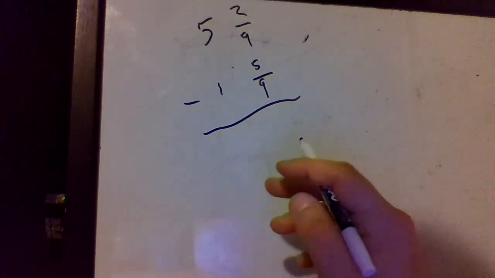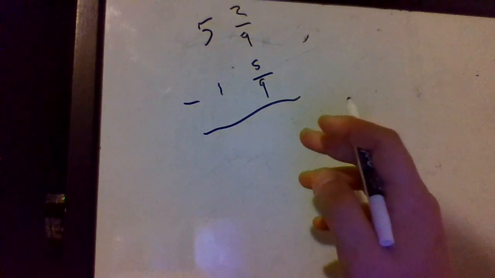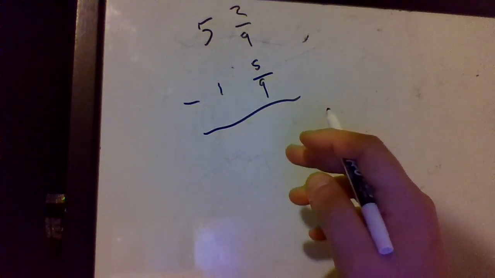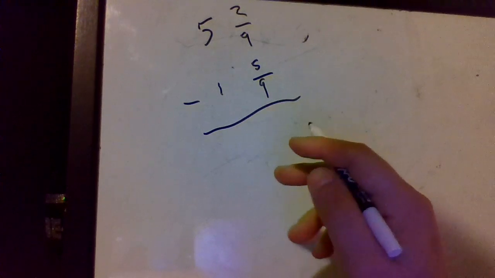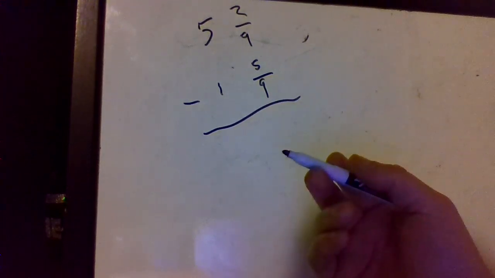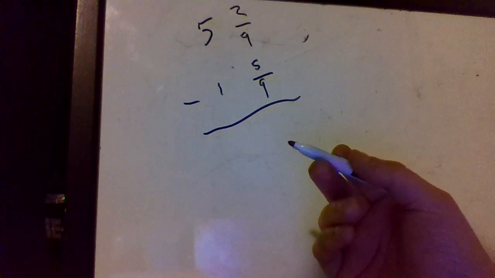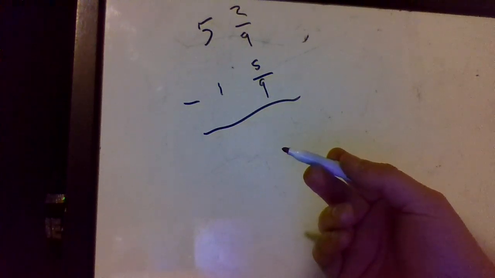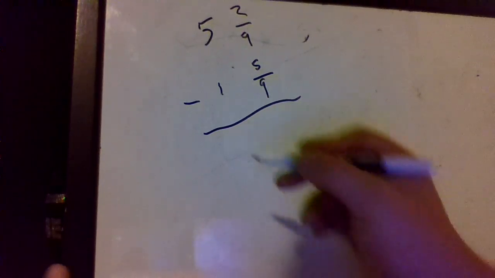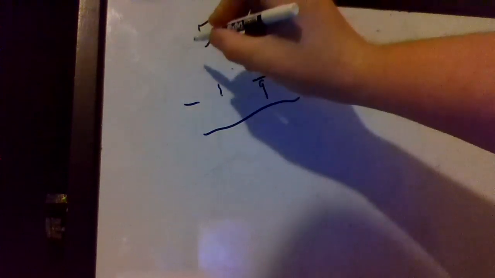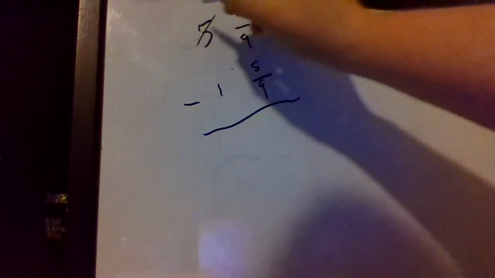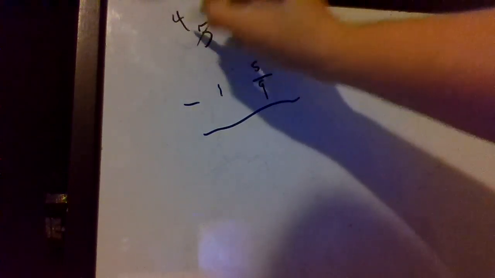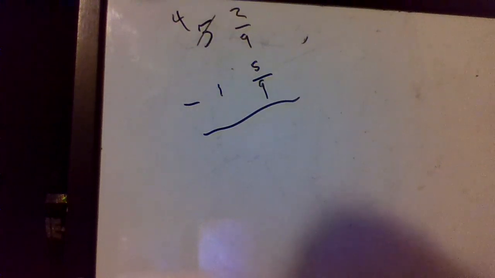Okay, so we've got our same problem here. Last time I went step by step. This time I'm going to show you a little bit of a shortcut, a little bit of a trick. So we know we're going to take 1 from our 5 and it becomes a 4.